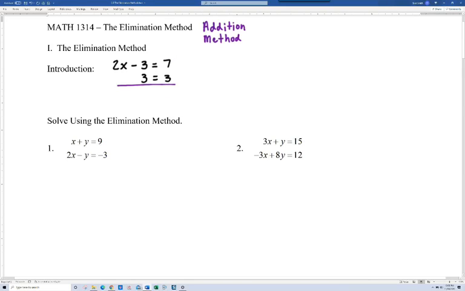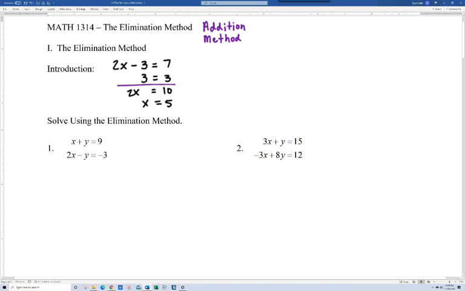I would get on the left 2x, now the minus 3 and the plus 3 are 0. On the other side we would get 10. So 2x equals 10, which means x is 5. So do you feel like I pulled a fast one on you? Does this feel like this ought to be legal in algebra?